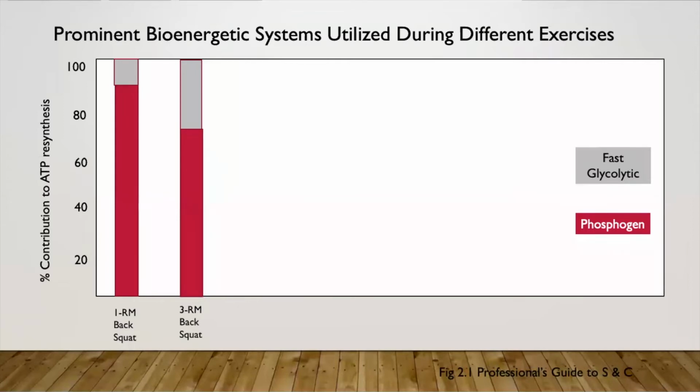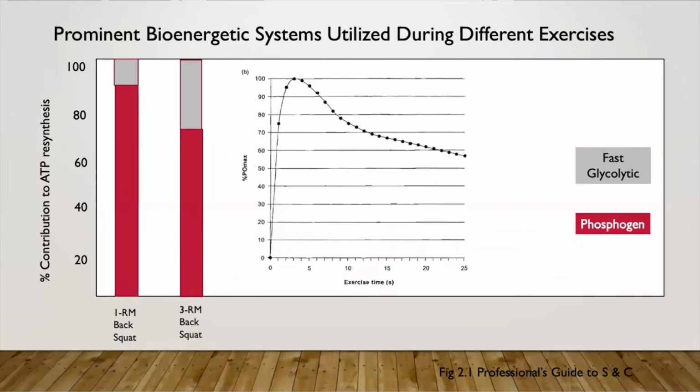And that's represented here in the red part of the bar graph. Now it's not 100%, but most of the ATP is coming from that phosphagen system. And that's what allows the incredible power to be demonstrated in the back squat, and then moving a little less power as you're going to a 3 RM.